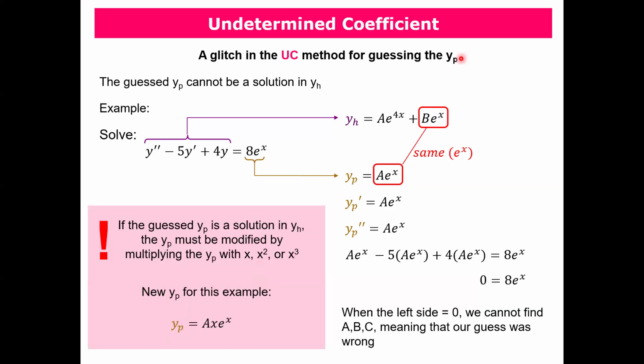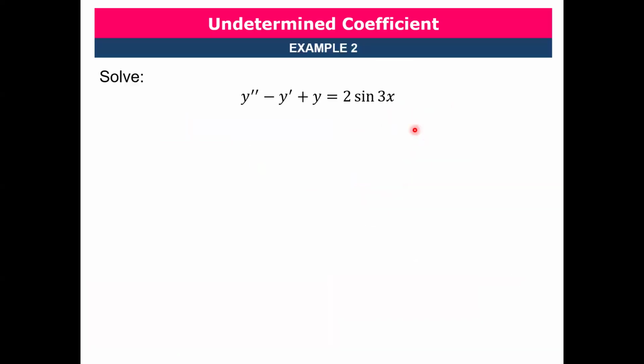If it's still the same as YH, multiply again with x to the power of 3. So for this case, we only have to multiply with x. So our new YP is Ax e to the power of x. Now the term is not here, so there are no similar terms in YH. Okay, let's do an example first.